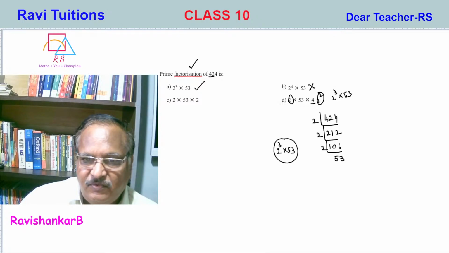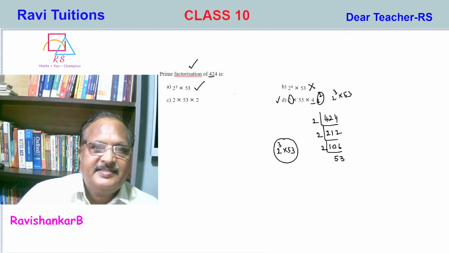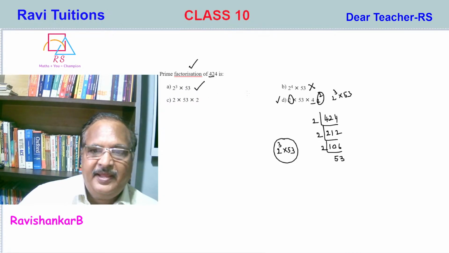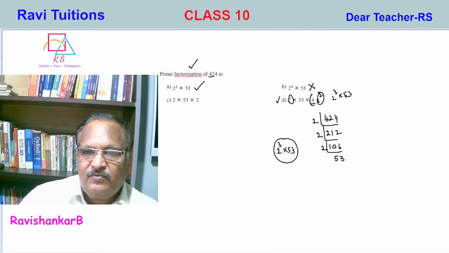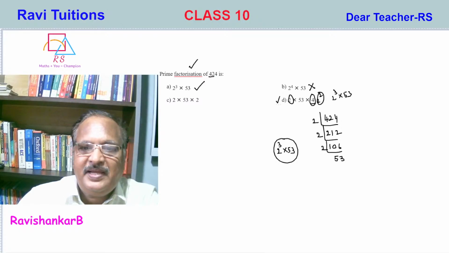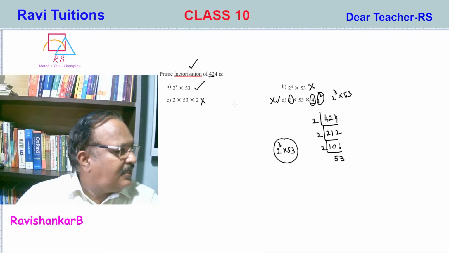So D and A resemble the same, but we give preference to A because he has written 4, and 4 is not a prime number. So D is eliminated, and here of course this is not an answer. So this is how you have to tackle.